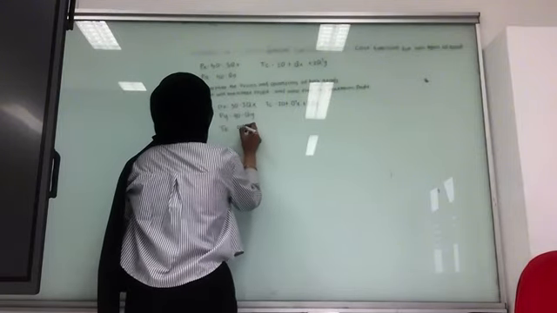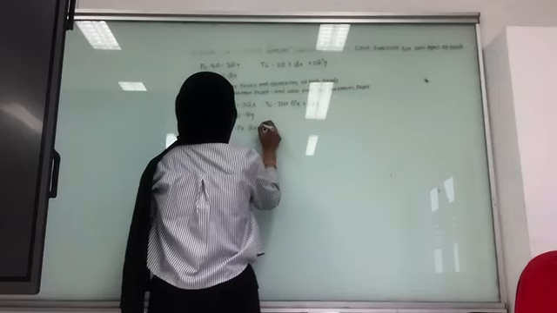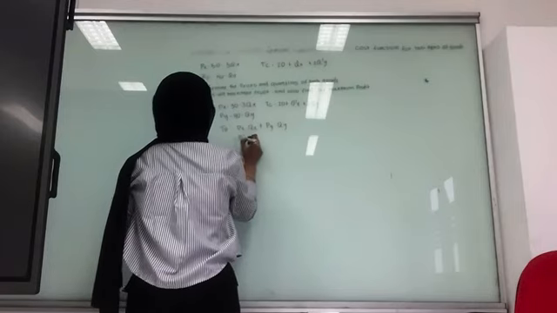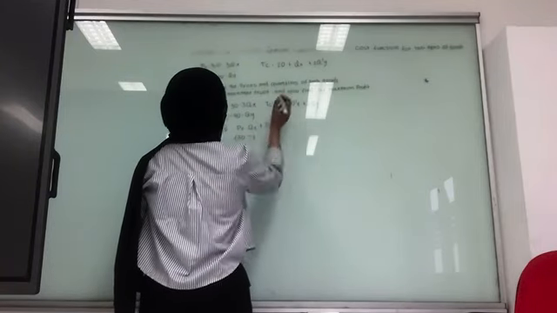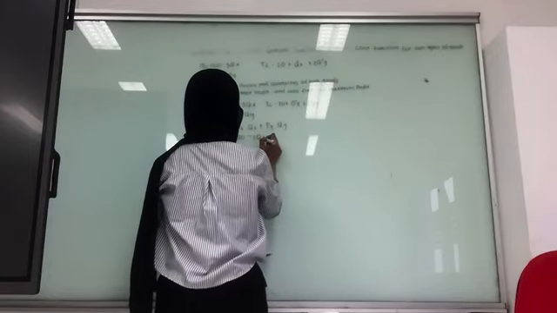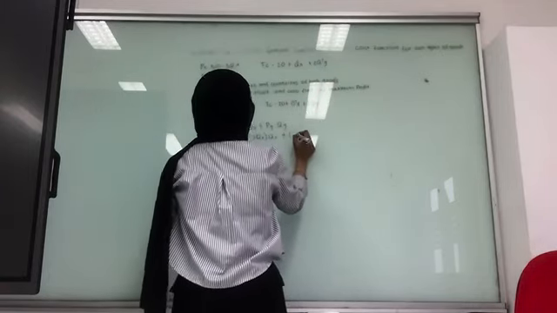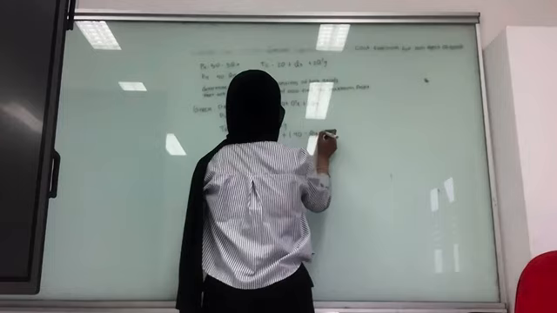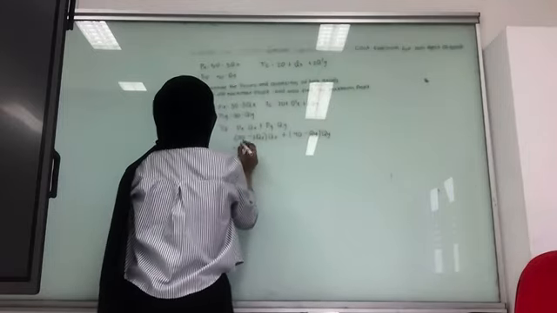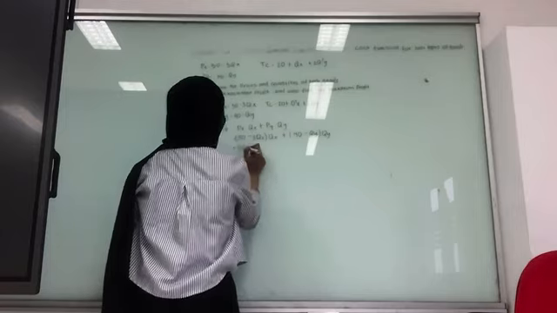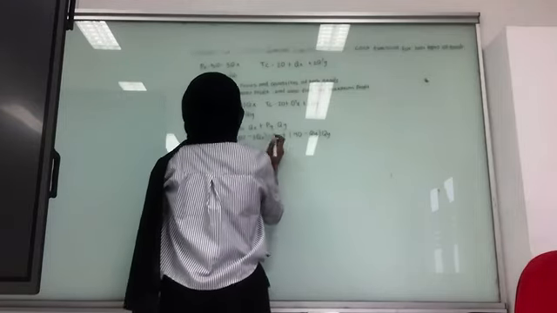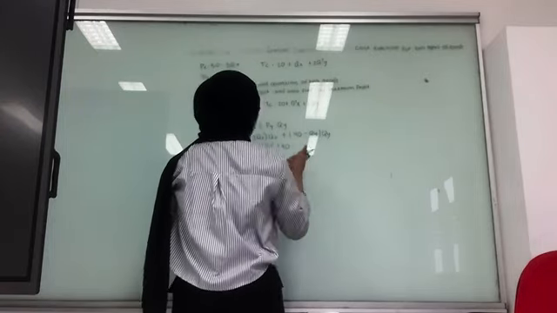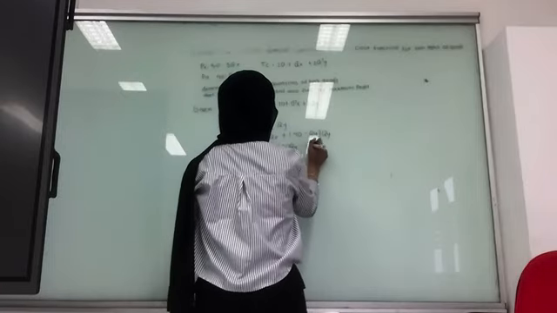Total revenue is Px times Qx plus Py times Qy. Px is 30 minus 3Qx plus 40 minus Qy. Okay. 30Qx minus 3Qx squared plus 40Qy minus Qy squared.